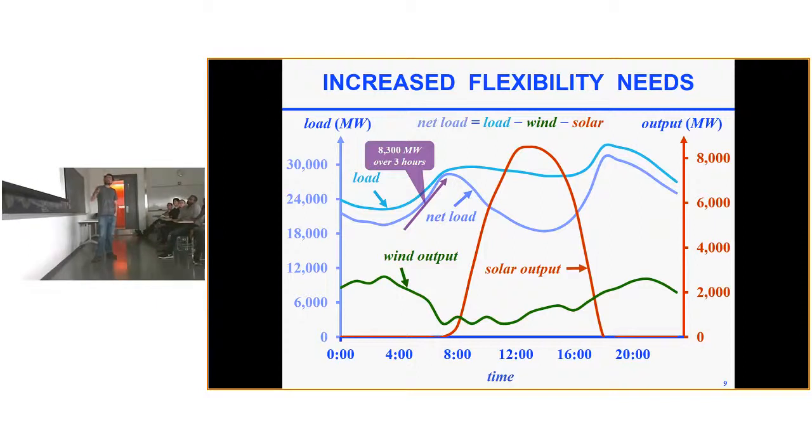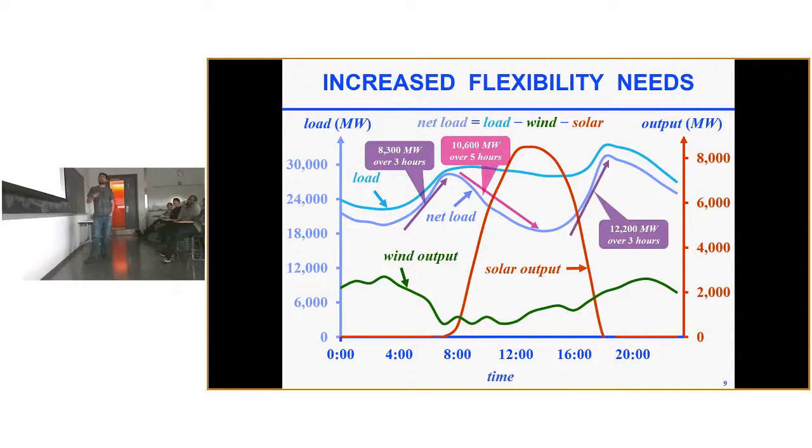And many times the wind's going down when that load is picking up. And then now, because of solar, you have this additional ramp down, which was not a problem before. And then later, the sun starts going down and people are going back home from work, and there's a load increase with renewable output decrease.